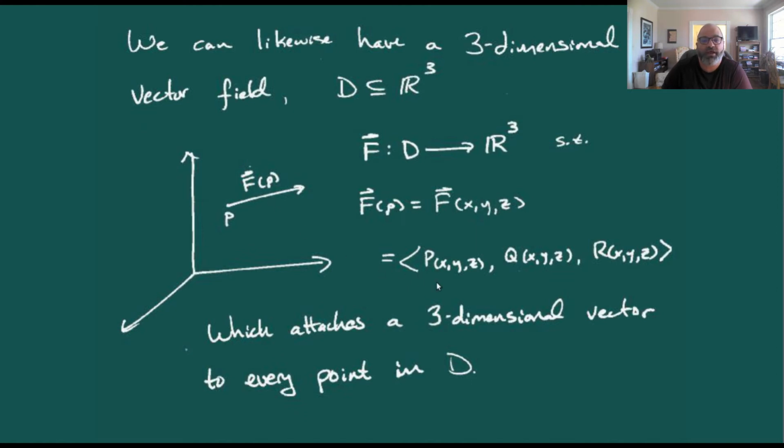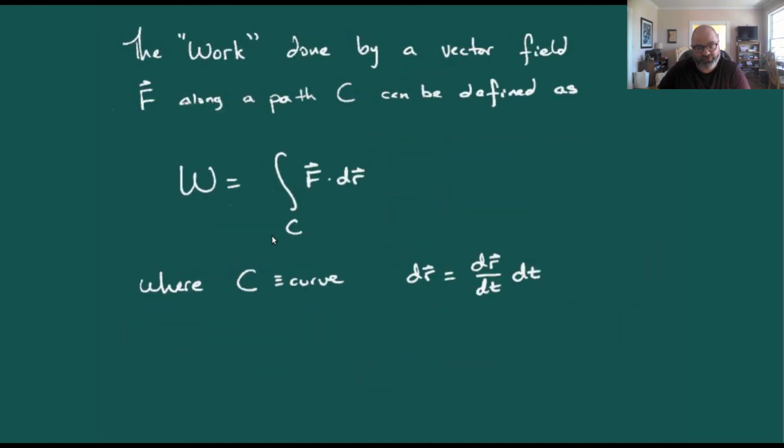The first component will be a function of our coordinates, the second will be a function of our coordinates, and the third will be a function of our coordinates. We can visualize this as attaching some vector to every single point in our 3-dimensional space. Those are really just called vector fields.